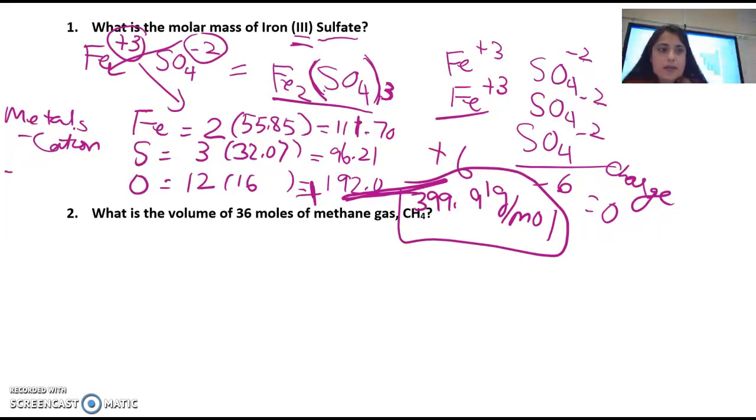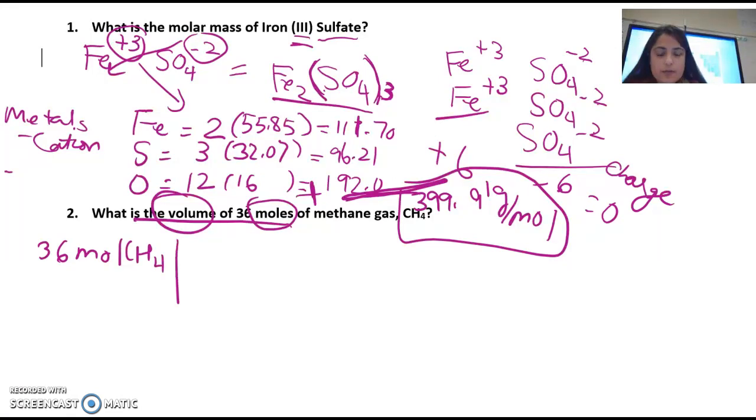Next problem says, what is the volume of 36 moles of methane gas, CH4? So we're going from moles to volume, okay? So circle, underline, whatever, we always start with what's given to us, 36 moles of CH4. I'm gonna set it up like this.